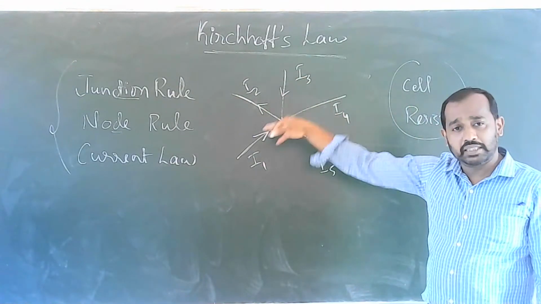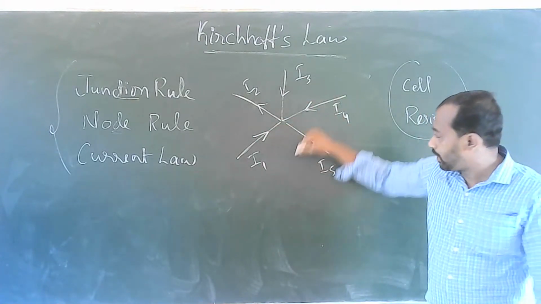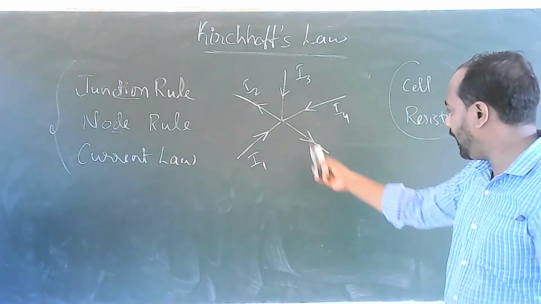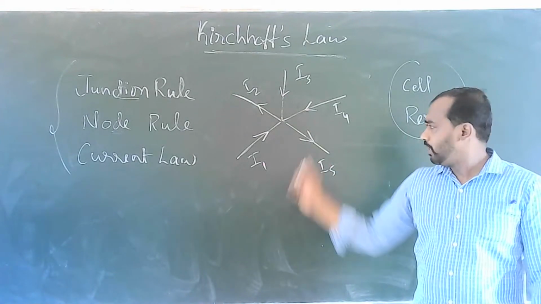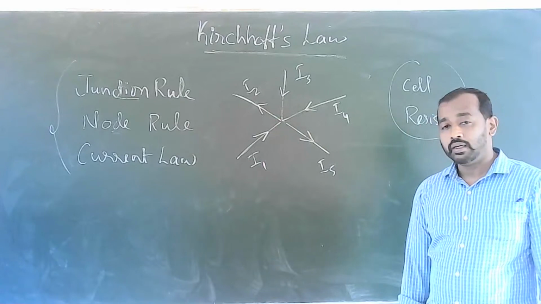I will represent it as I3 moving towards the junction, I4 again moving towards the junction, but I5 moving away from the junction. This is how I have represented the direction for the different currents. It could be anything, but I have chosen this path.